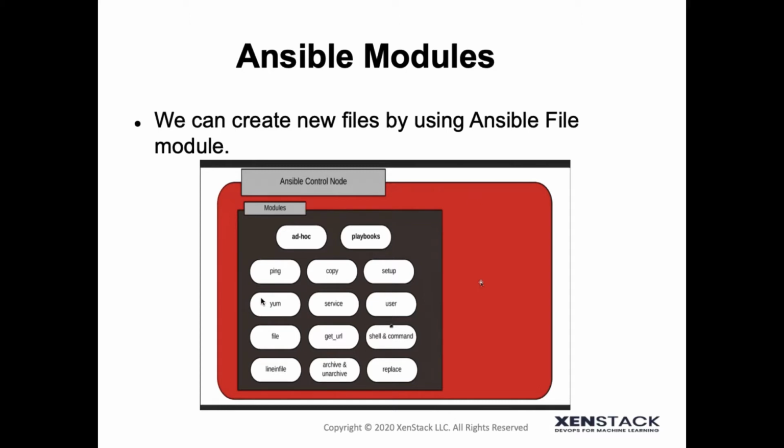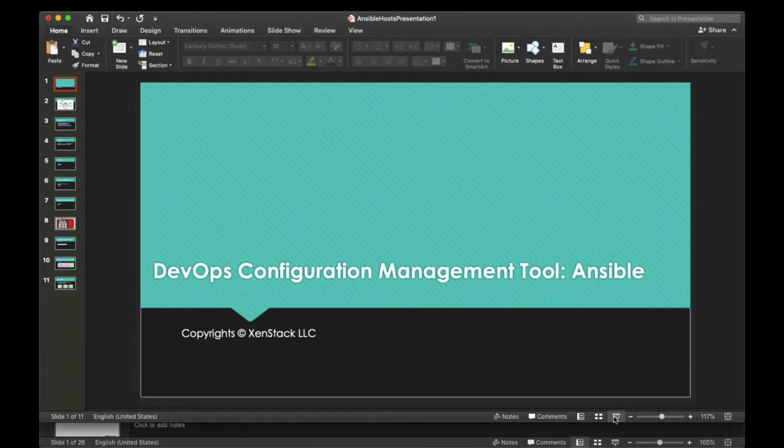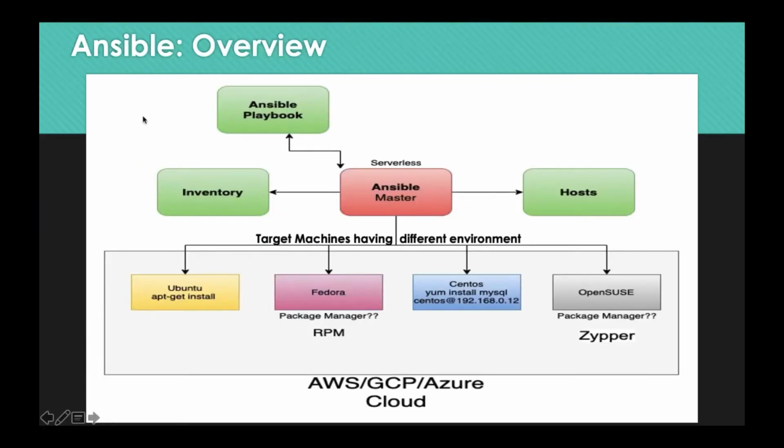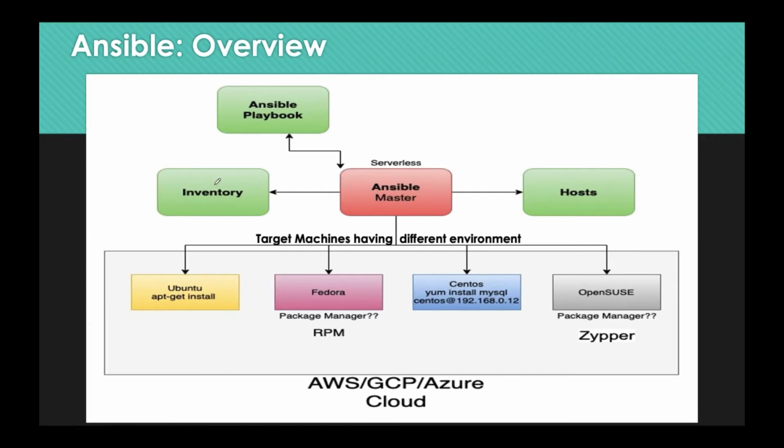Okay. So moving further, now we'll go through the flow of the Ansible master, how this master machine works. So this is your main Ansible master machine, where you have installed your Ansible package.